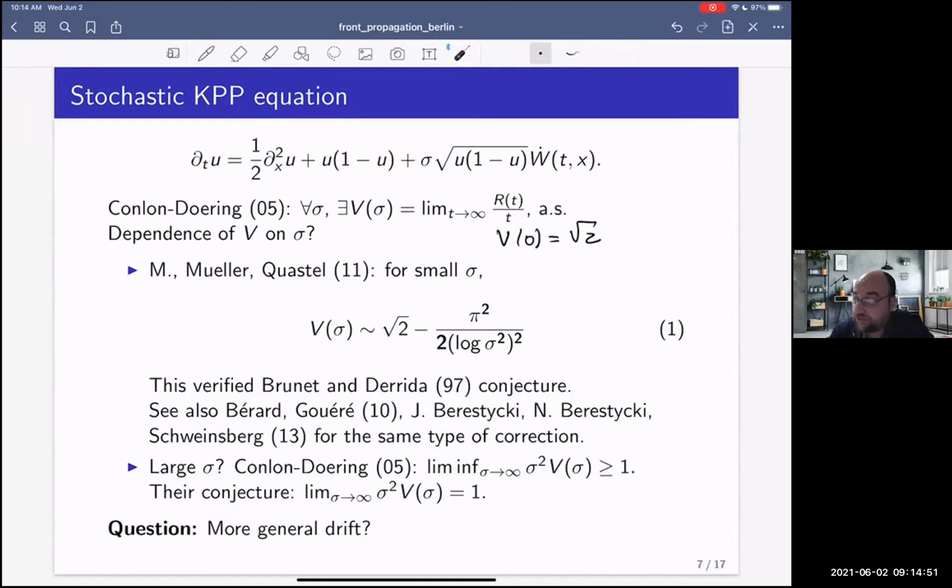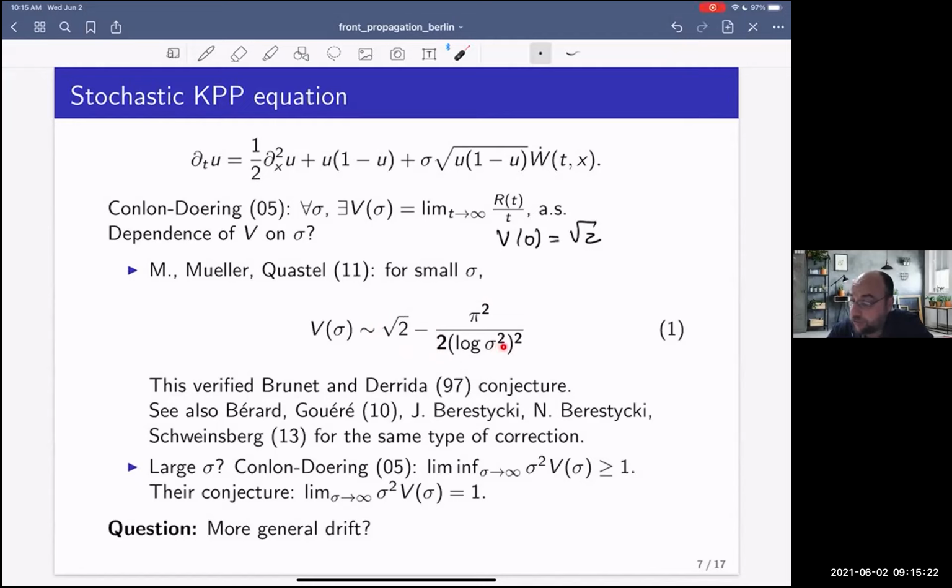And the first question was, what happens with the speed of propagation for small sigma? In a joint paper with Carl and Jeremy in 2011, we showed that for small sigma, asymptotically v of sigma behaves like the speed for sigma equals 0 minus a correction, which is a constant divided by log sigma squared.